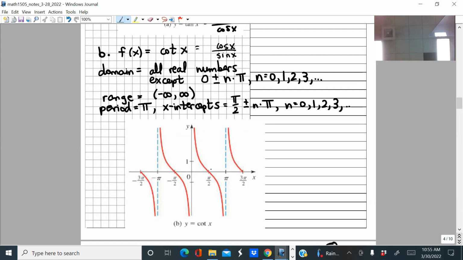Wherever the cosine is 0. So that would be pi over 2, 3 pi over 2, minus pi over 2, minus 3 pi over 2, etc. Notice tangent's increasing from left to right, but cotangent is decreasing.